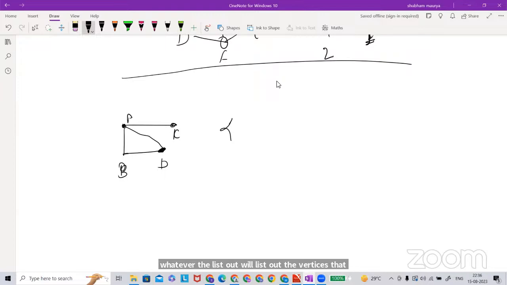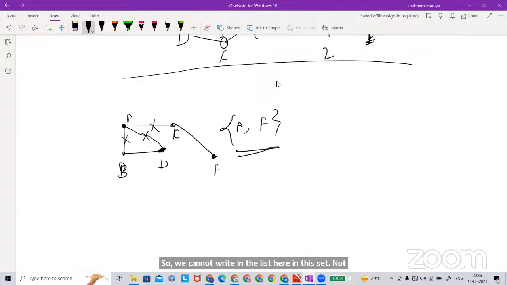Suppose I write A. If we took vertex A, then B cannot be written because there is an edge, D cannot be, C cannot be. But the next one is F. We cannot write B, D, or C, but we can write F. So this is an independent set for this graph.